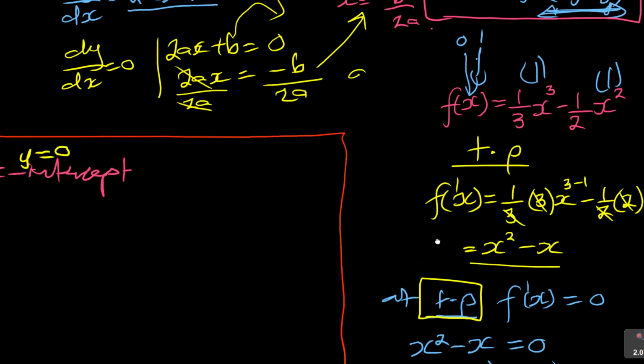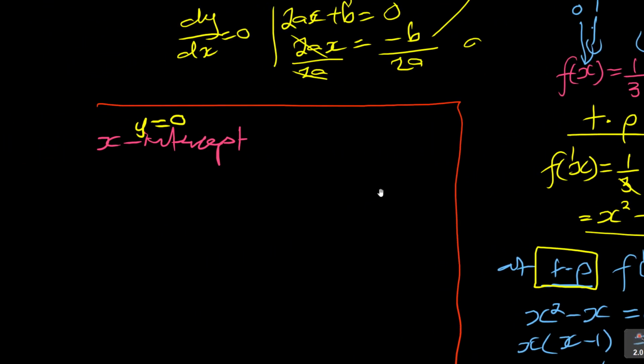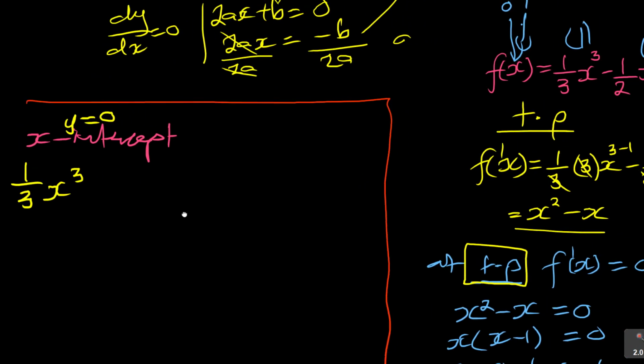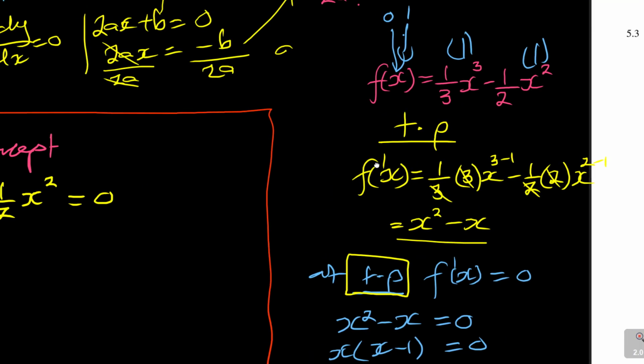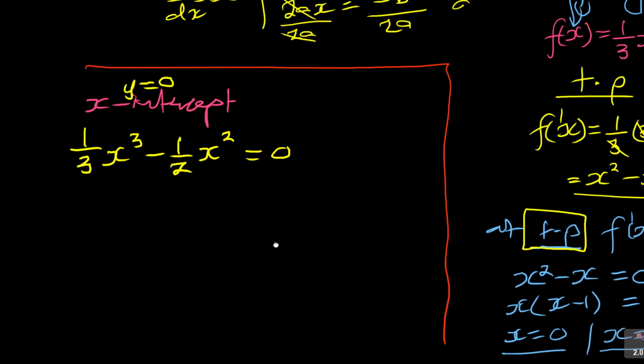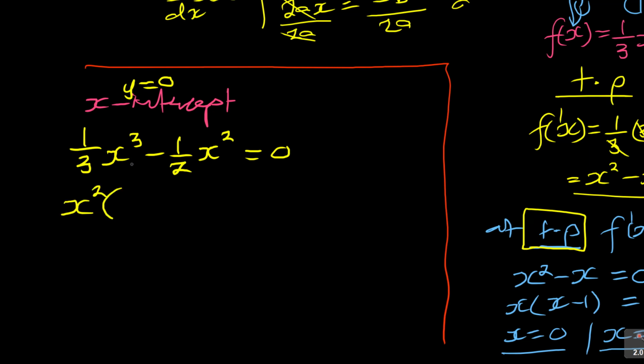If f of x is equal to 0, what you'll have here is 1 over 3 x cubed, and then minus 1 over 2 x squared is equal to 0. You see that? Because that's your f of x. And then from there, you need to solve for x. The easier thing is to factorize, take out x squared here. When you're taking out, you say x squared is common. So you have 1 over 3.